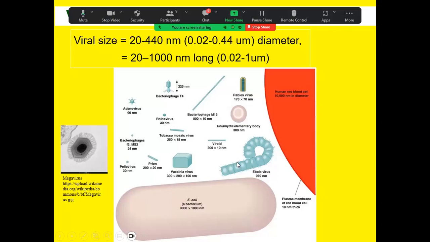Ebola virus is a little smaller than megavirus in its diameter, but in its length, it is the largest virus, where it is about 1 micrometer long, just a little shorter than 1 micrometer long. But in its width, it's very narrow, and so its diameter is smaller than megavirus.